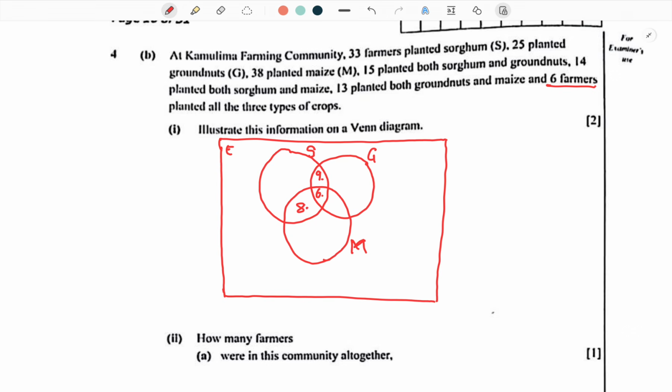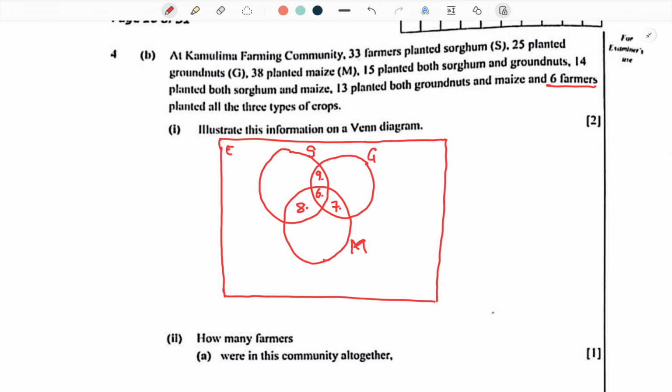You do the same thing, same concept. All you have to do is simply 13 minus 6, and then you put your 7 there. Beautiful. When you put your 7, now you start with those that planted everything. So don't start with the first information. Read everything, then start filling in.